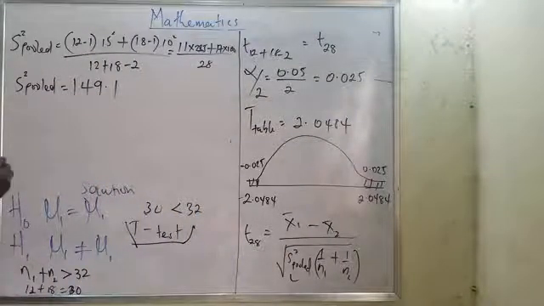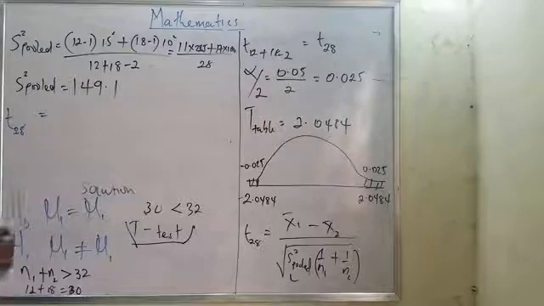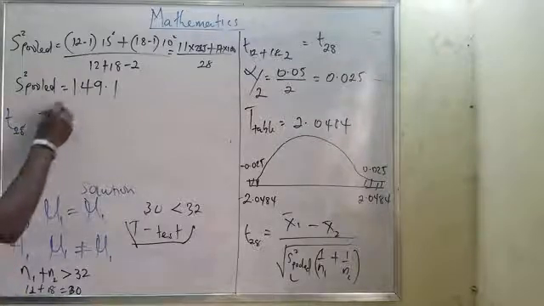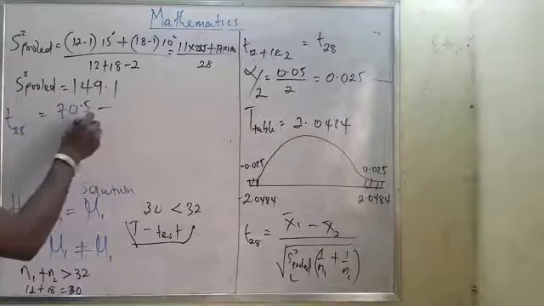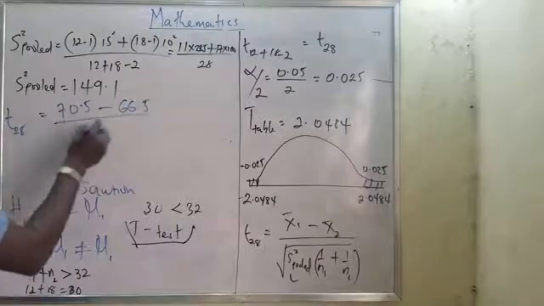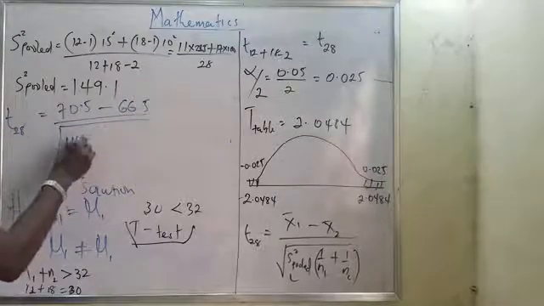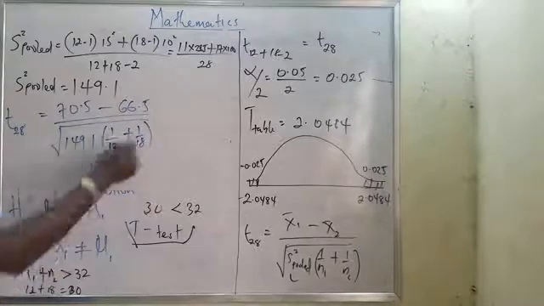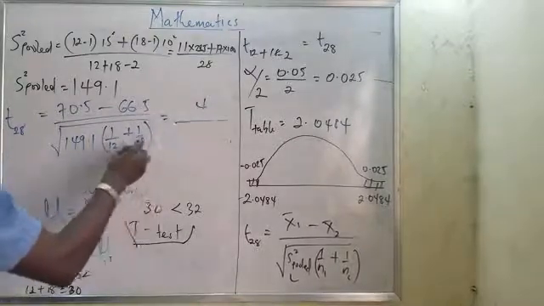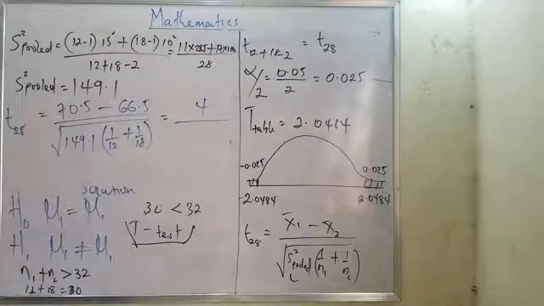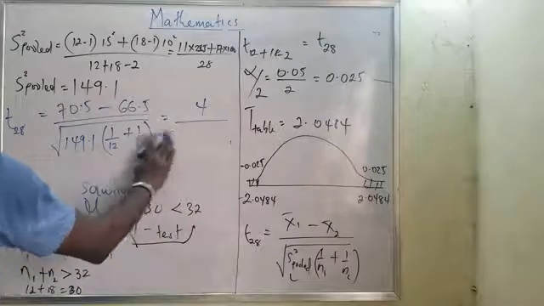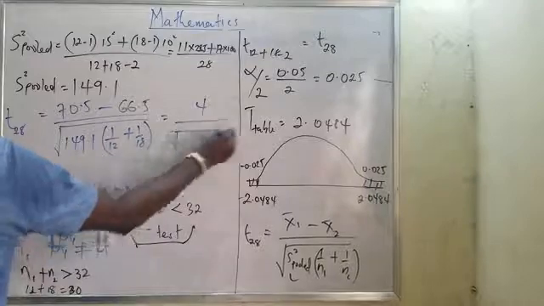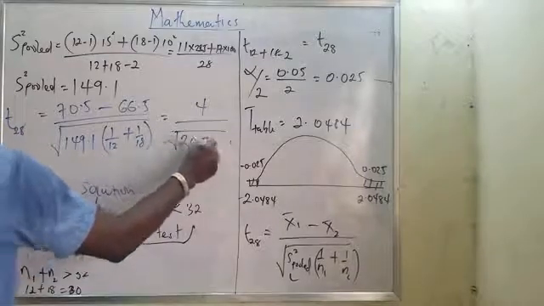The next thing is t28, which is equal to the difference of the means: 70.5 minus 66.5, divided by the root of 149.1 times (1 over 12 plus 1 over 18), which is equal to 4 divided by the root of 2.71.